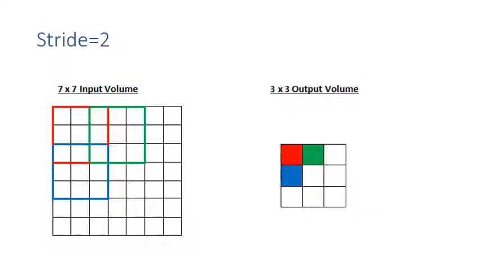If we set the stride to 2, which means we move the kernel 2 pixels each time, then the 7x7 input feature map will become a 3x3 output feature map. With stride 2, we can roughly divide the width and height by half.